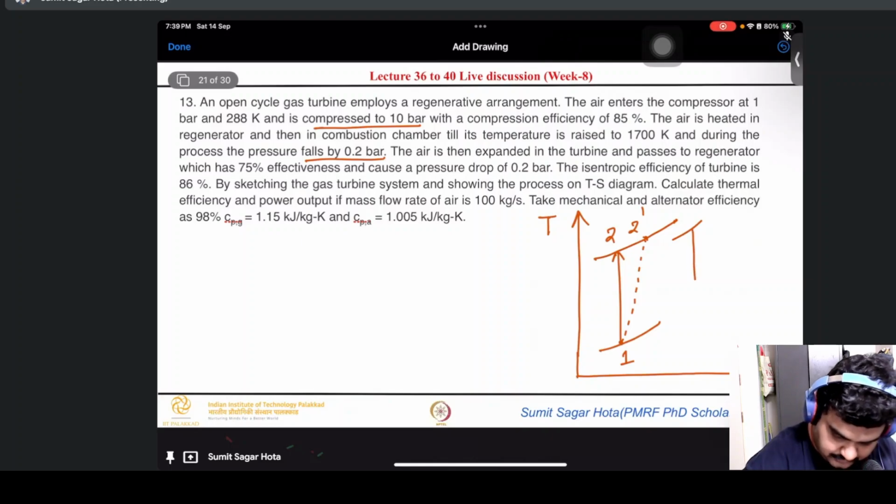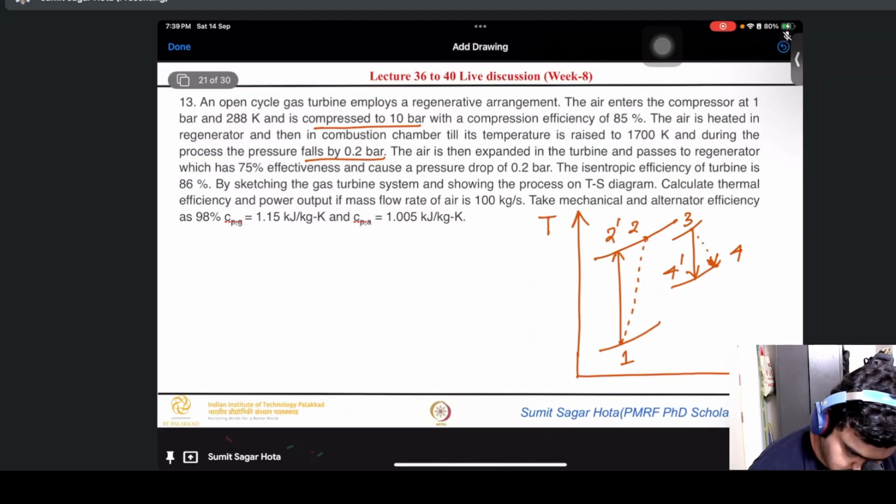Next will be this, 3 to 4 dash. Again it is written that the air passes through the regenerator, here also the pressure drop is 0.2 bar.